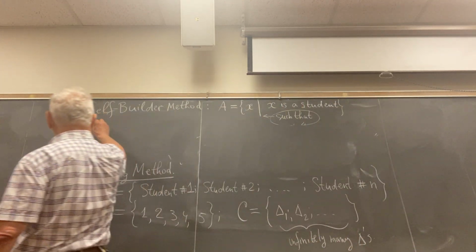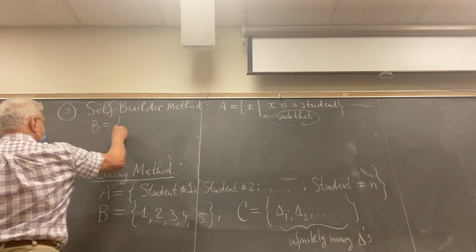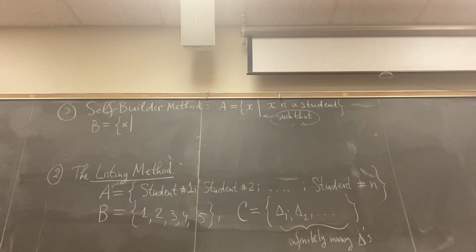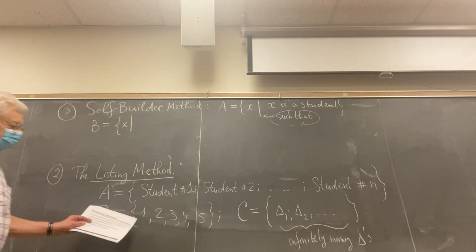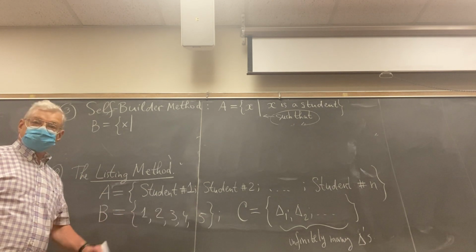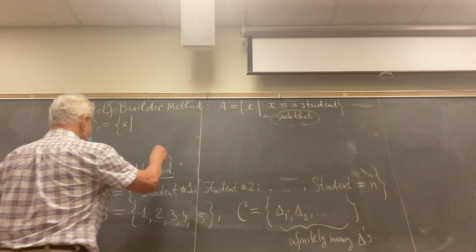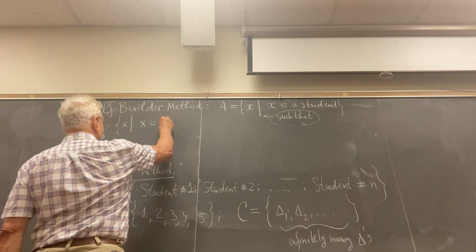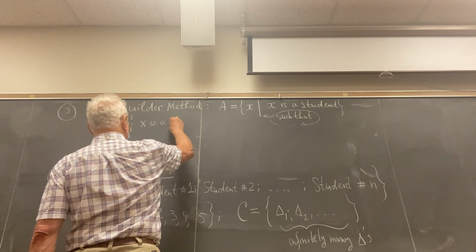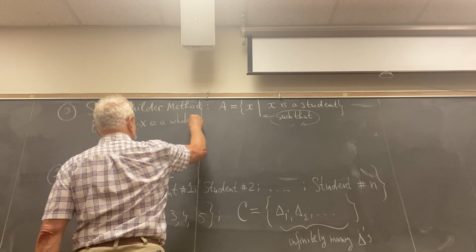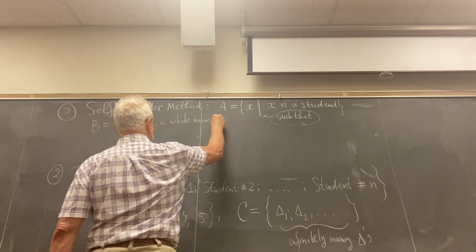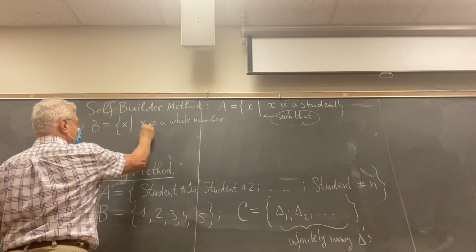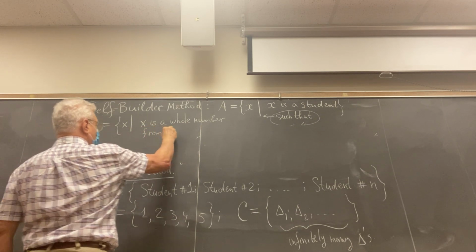Now what is B? All X's such that X is either 1 or 2 or 3 or 5, right? And then I write the following. X is a whole number from 1 to 5.